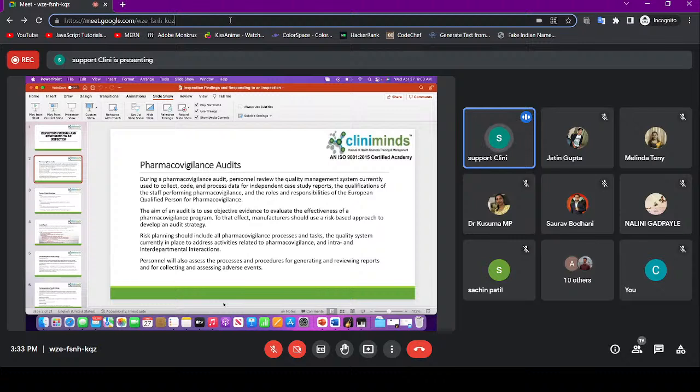Apart from that, internally, when a pharmacovigilance audit happens, these departments could be individually audited. For example, when I was working for Pfizer, we had three departments.